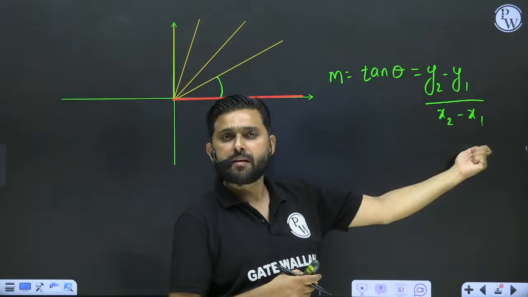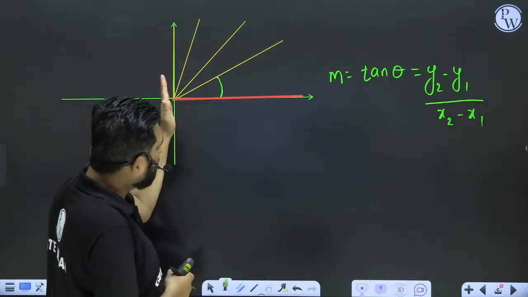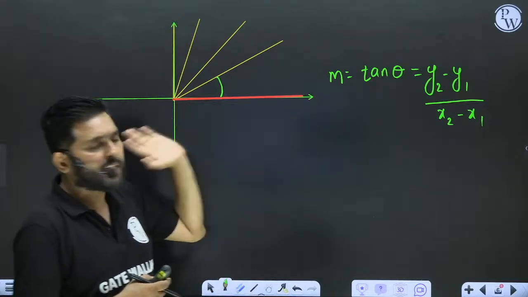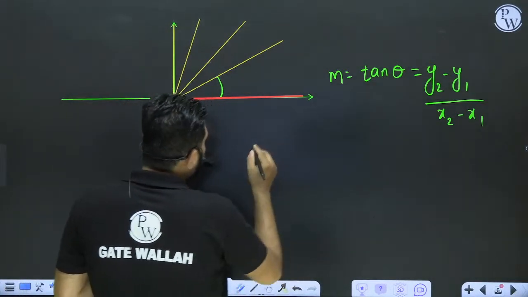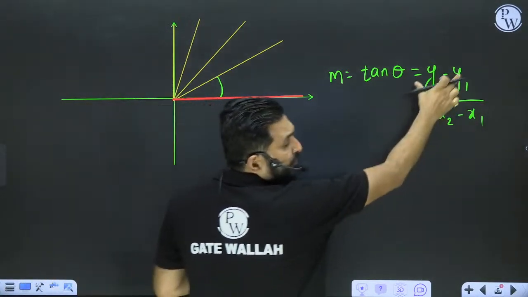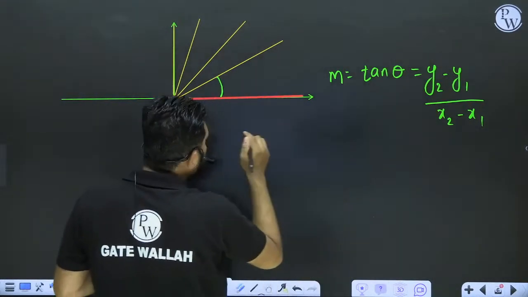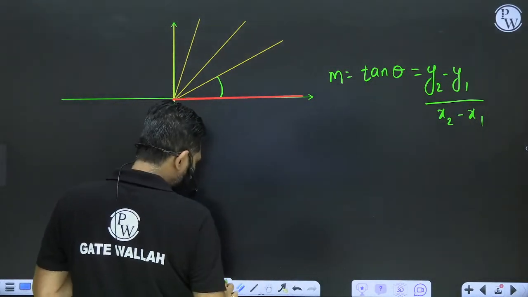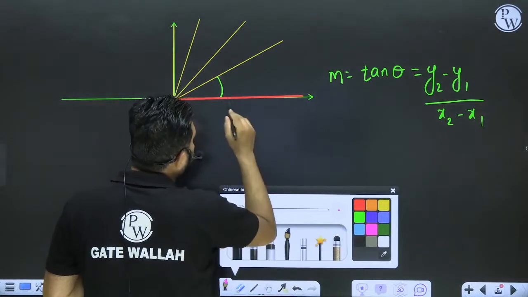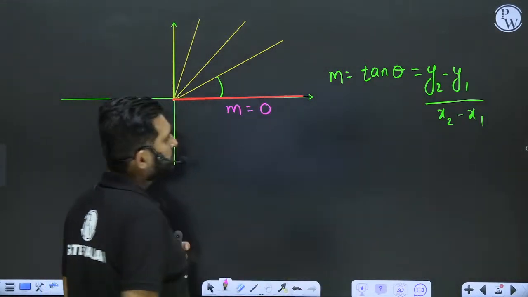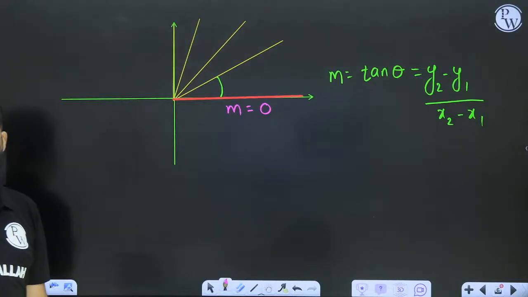Change in x is finite. You move from 0 to some finite point on the x-axis. That's what the change in x is. So for this line, change in y is 0, change in x is defined, so I'm calling m equal to 0.